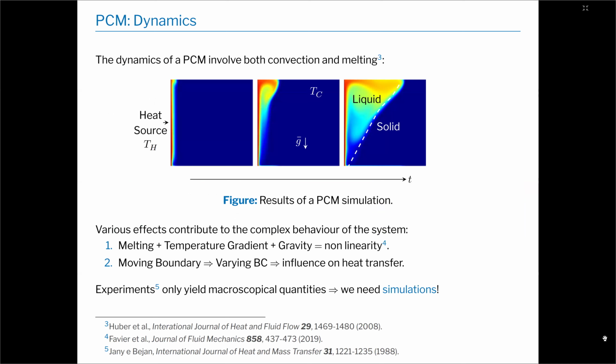Thanks to the interaction of the melting, the temperature gradient, and gravity, the melting front, which is the boundary between the liquid and the solid substance, is strictly nonlinear. Moreover, since this is a moving boundary, it influences the heat transfer too. We can do experiments for this type of problem, but they only yield macroscopic quantities. So if we want to do a local study, we need to do simulations.